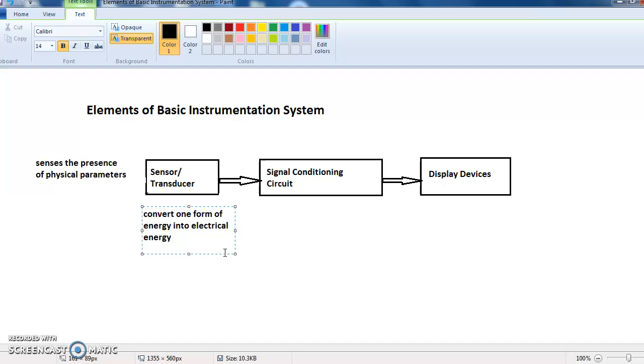Now this electrical energy can be in the form of voltage, it can be in the form of current, or frequency.